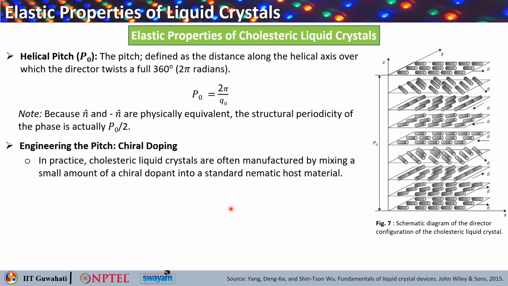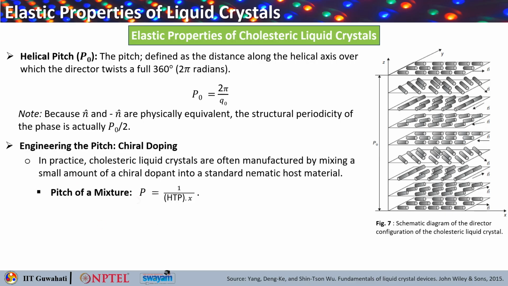So, how do you engineer the pitch? That means, the chiral doping. In practice, cholesteric liquid crystals are often manufactured by mixing a small amount of chiral dopant into a standard nematic host material.